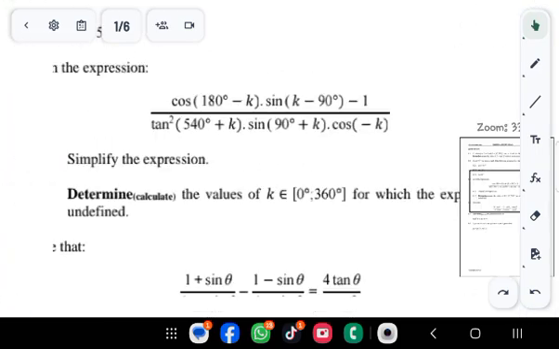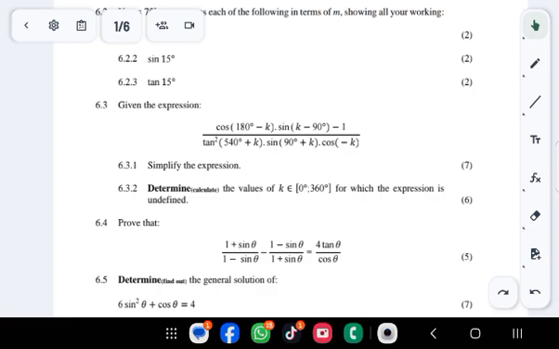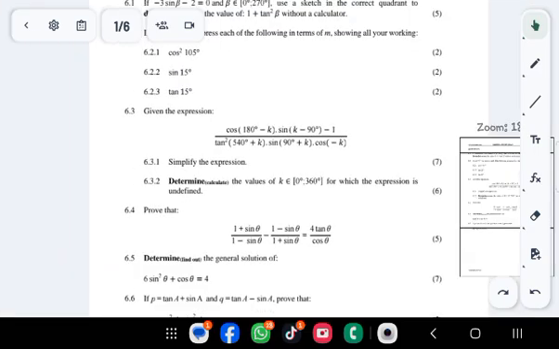When is this undefined? It's undefined when the ones at the bottom give you 0. If any of the ratios at the bottom is equal to 0, then this will be undefined. So that will be tan squared.